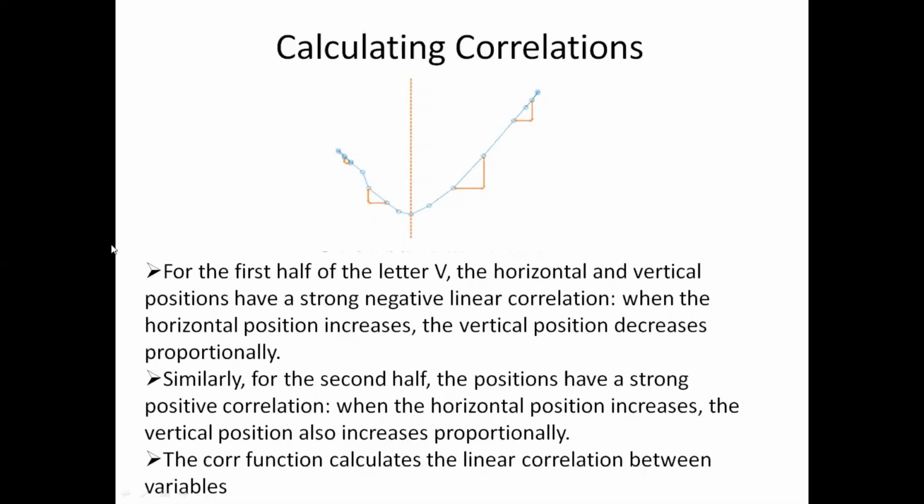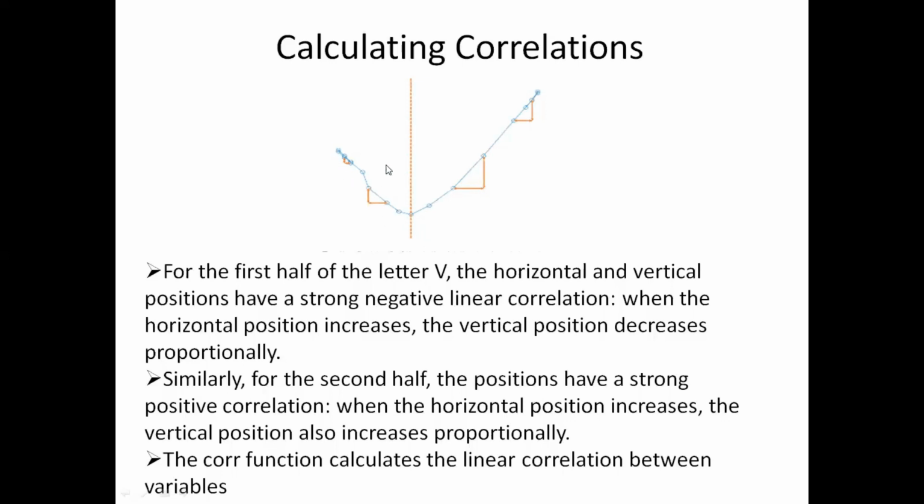We say it is a negative linear correlation because as the horizontal position increases, the vertical position decreases. So the correlation between the x variable and the y variable for the first half of the letter V is negative.